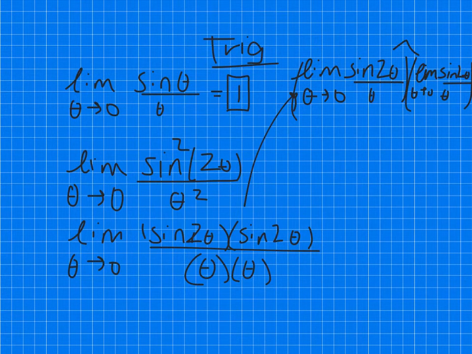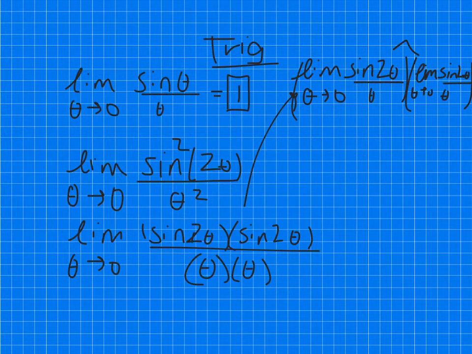Hopefully you can see that we're close to getting sine theta over theta, but we're not quite there, because instead of sine of 2 theta over theta, we want sine of 2 theta over 2 theta. So we're going to multiply by 2 over 2. We're going to do that twice, because you have two quantities, and they both have to be normalized to the sine of something over the same something.